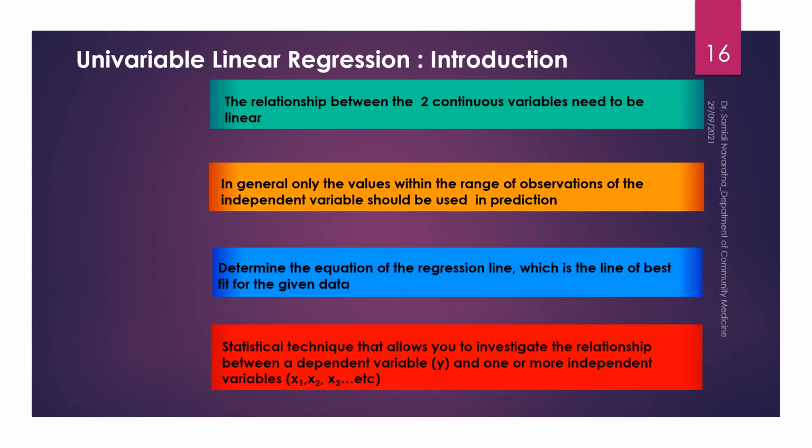So if there is one independent variable, then the model is known as simple linear regression or a univariable linear regression or a univariate linear regression. If there is more than one independent variable, then the model is known as multiple linear regression or multivariate linear regression or multivariable linear regression.